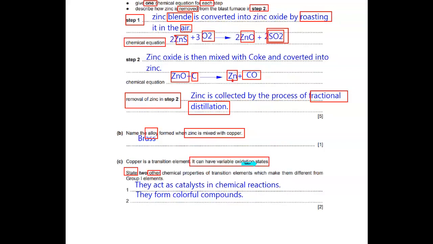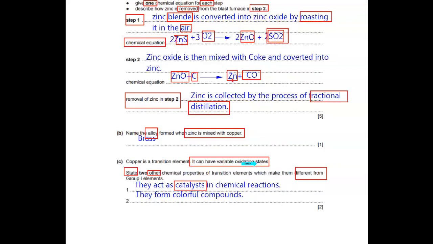Okay, so one of the most famous properties of transition elements is that they act as catalysts in chemical reactions. So catalysts are basically elements that speed up the rate of chemical reaction, and transition elements are the only group in the periodic table that are used as catalysts.